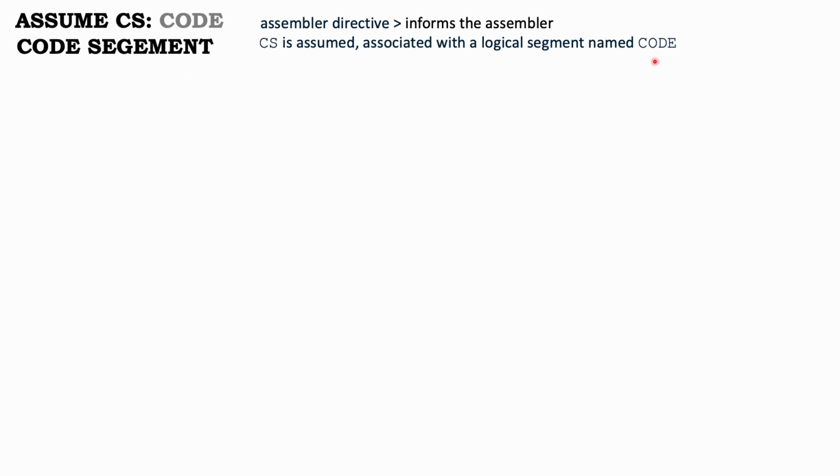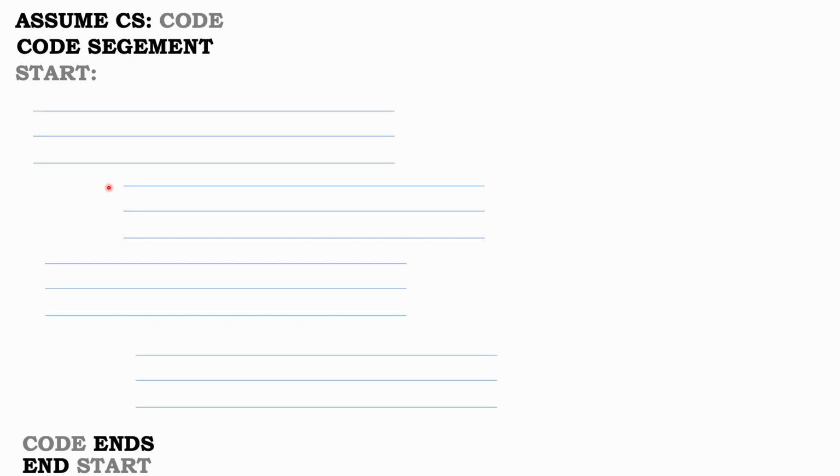Here, this is the code. The code segment can be named as you like, not only CODE. If you want, you can use your own name. Next, we can start the program, and at last we can end the entire code. In between start and end, we can write our ALP.